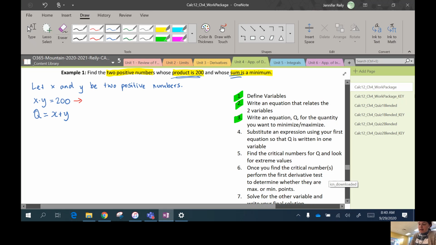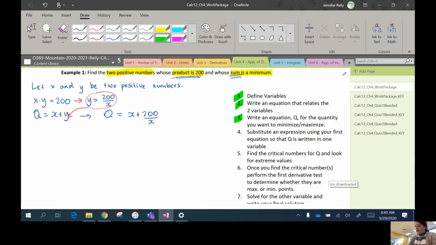I'm just going to divide both sides by X and rewrite it as Y equals 200 over X. And I'm going to sub this into the quantity equation for Y. Since Y equals 200 over X, we are free to rewrite our quantity equation like this: X plus, so instead of Y, I'm going to have 200 over X. Since they're equal, you can do that.